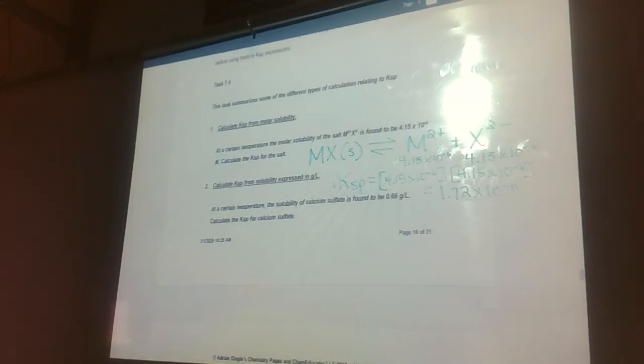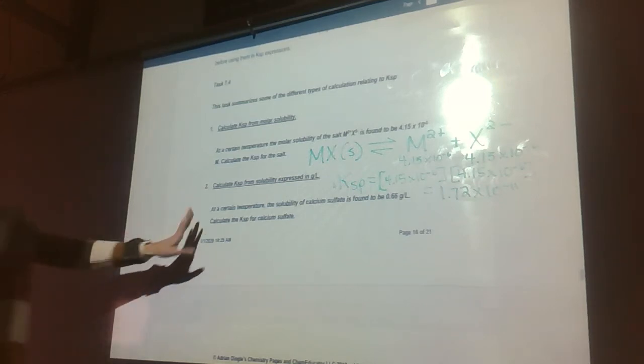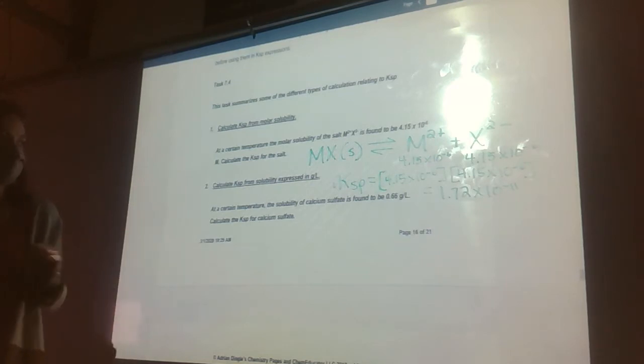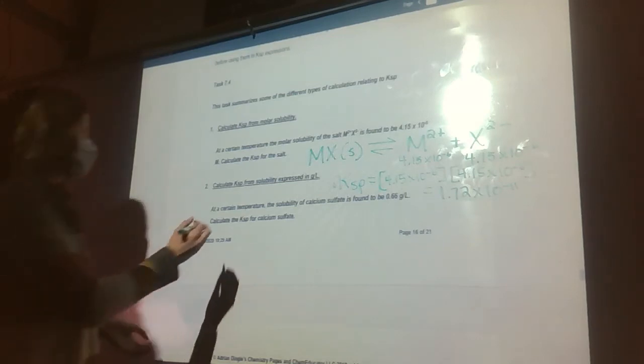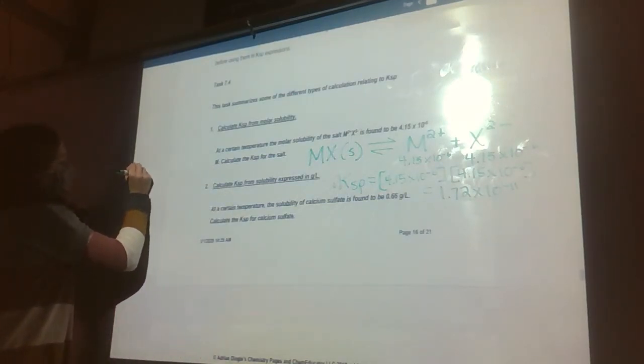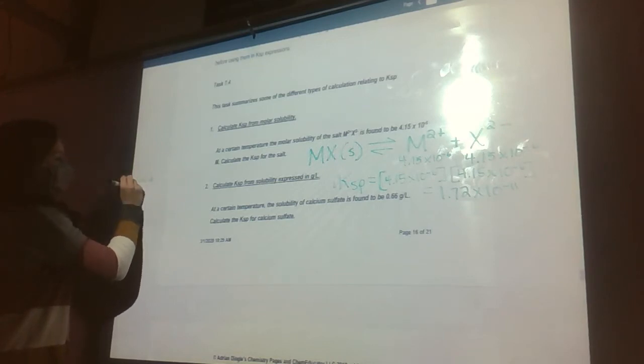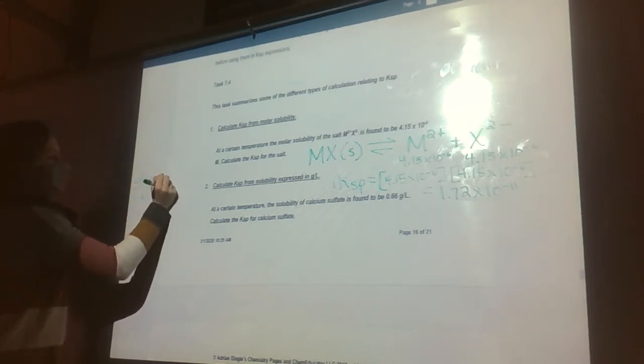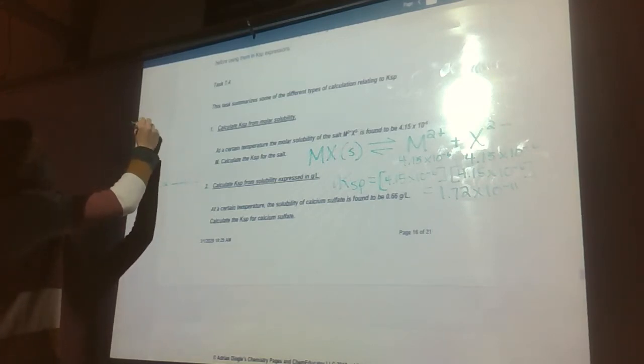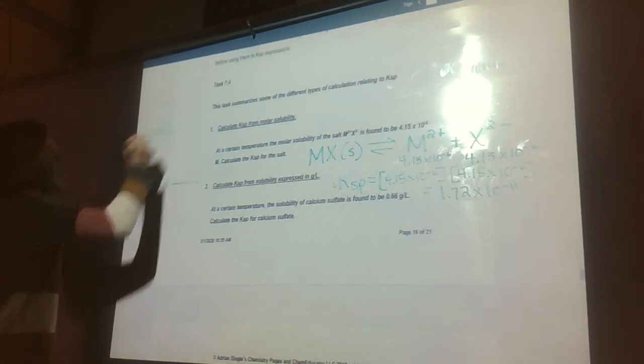Questions about that? In this next example, you're given the solubility of calcium sulfate to be 0.66 grams per liter. Grams per liter is not a concentration, so we have to convert that to molarity using the molar mass of calcium sulfate. So before we do anything, we would say, okay, 0.66 grams per liter, and it's calcium sulfate.